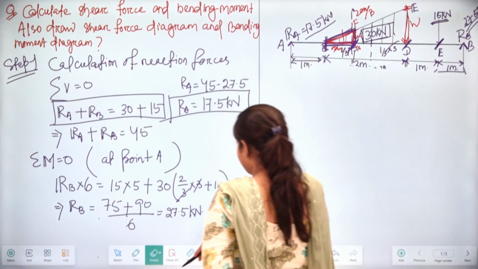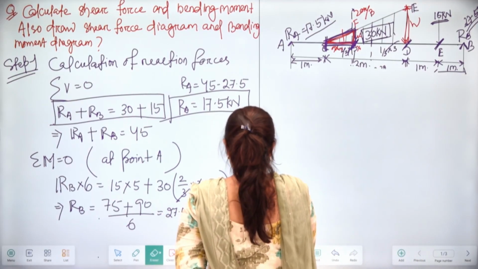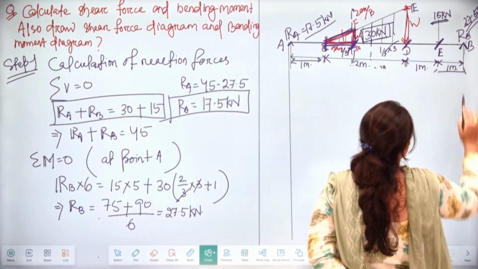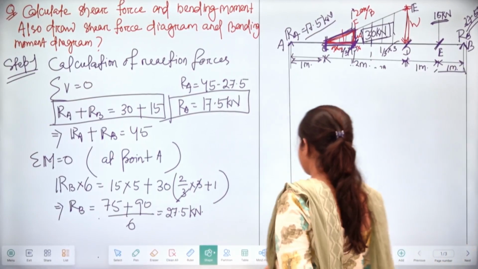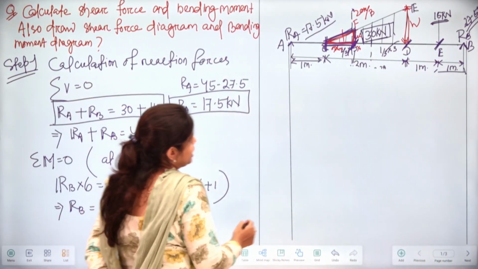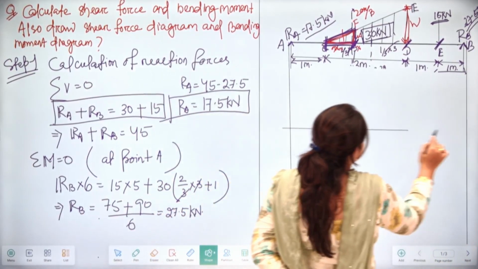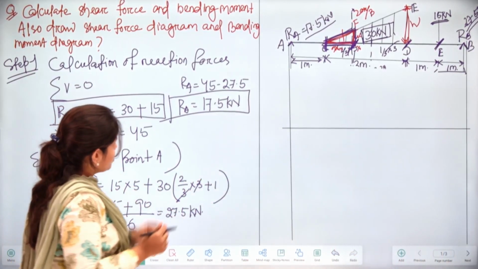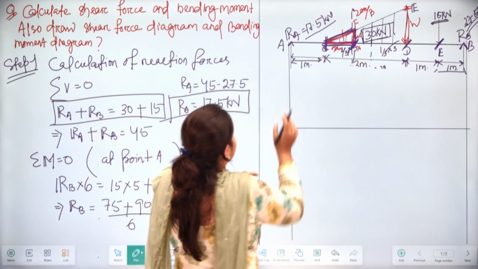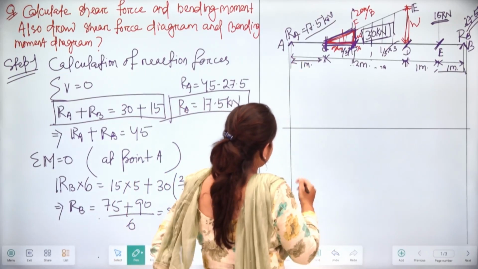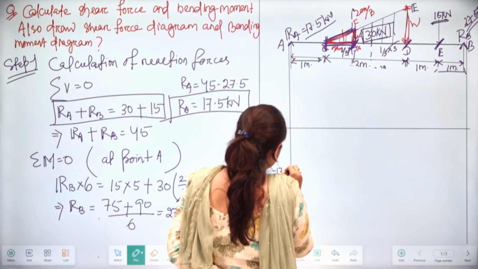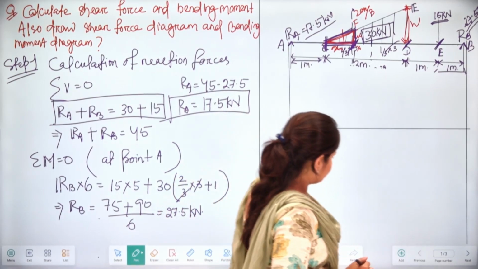Always we need to remember that in case of SFD, there will always be a change of sign, but in case of bending moment, there will be less change of sign. First, shear force. Here we will have 17.5, that is in negative, minus 17.5.